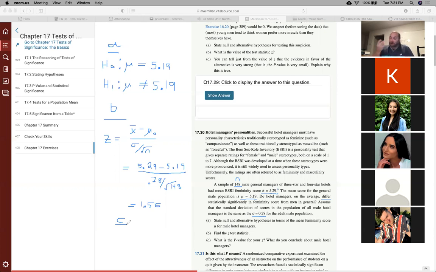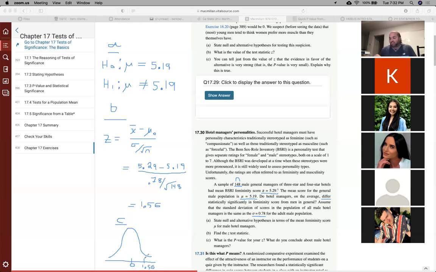Google, pretty much. But let's at least understand it. I have my normal curve. I have 0 right in the center. My value is 1.56, which is off here to the side.